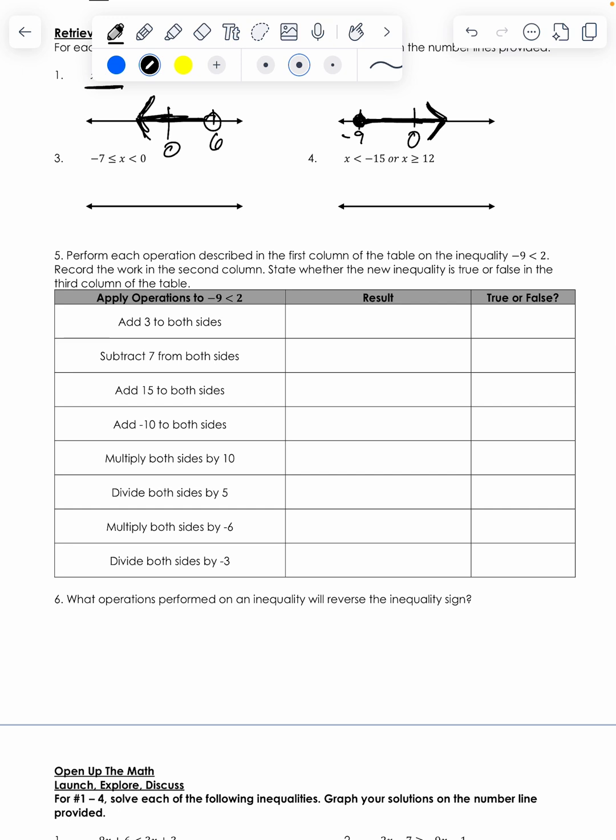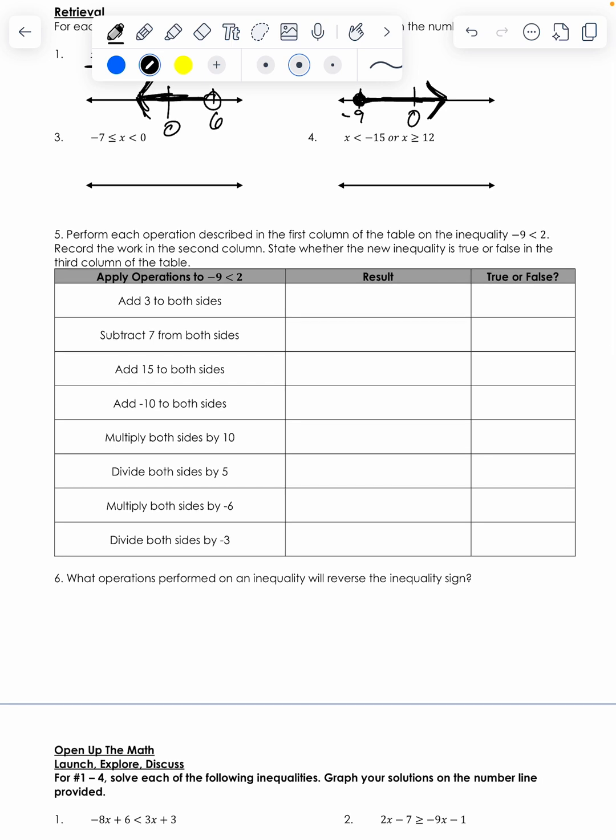But I want to talk about solving inequalities, because you can have an inequality problem that has variables and multiple parts to it, and you just want to figure out what's the solution for x. So to do that, what we're going to do is treat an inequality just like an equation. If you add something to both sides, the inequality doesn't change.